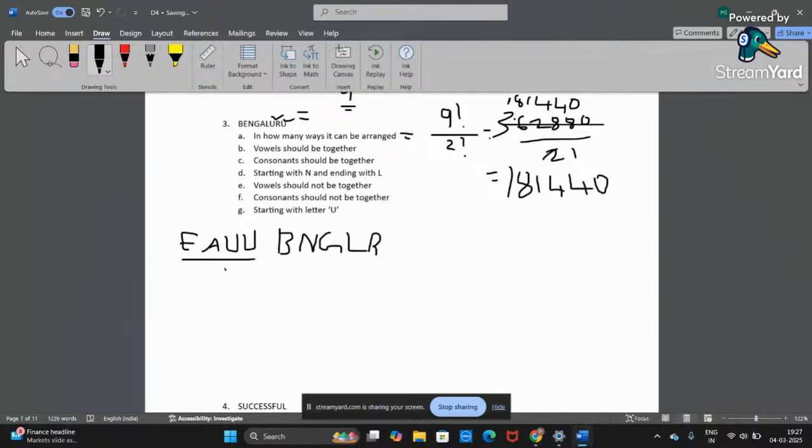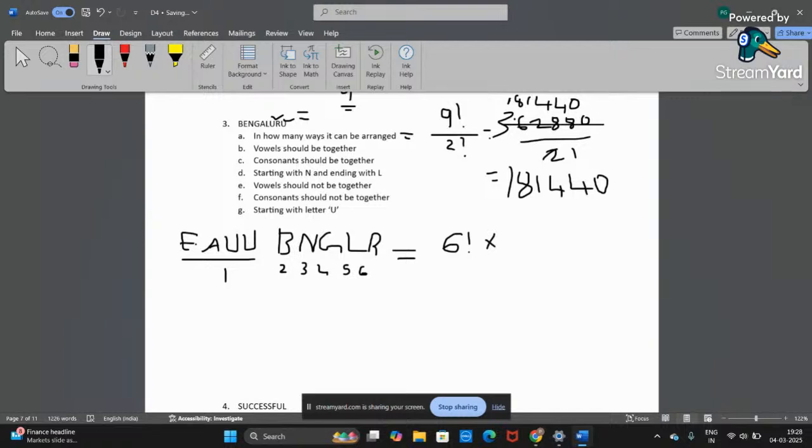So, we'll take it as 1, and this as 2, 3, 4, 5, 6. We're considering this E, A, U, U as one letter because the vowels should be together. So how many are there now? 6. We have to write it in the form of factorial, into. Even this also we can arrange in multiple ways, right?